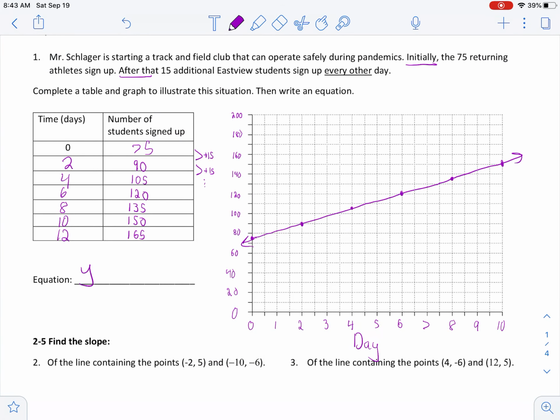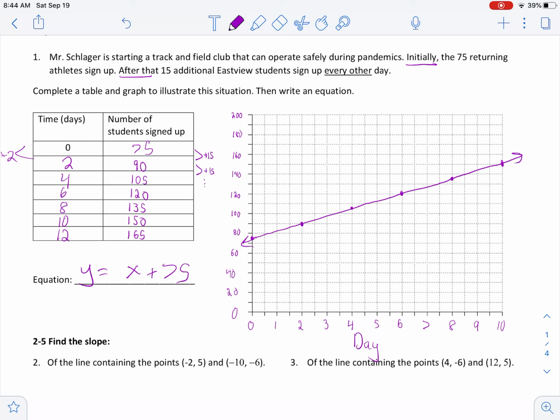Well, the equation would be y equals something x plus my y-intercept, or my starting value, which I know is 75. Now, the number that I put in front of x is the slope of this line, and we need to be careful because we were counting by 2's as we worked our way up on the graph. So I know that it seems like we're going up by 15 each period of time, but we want those periods of time to not be 2 days.